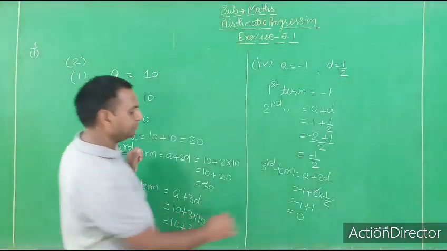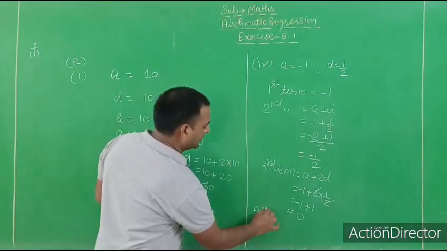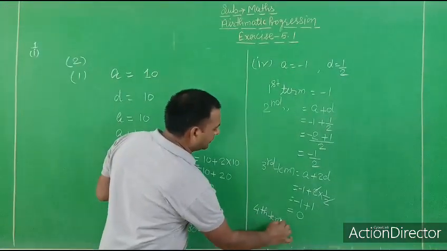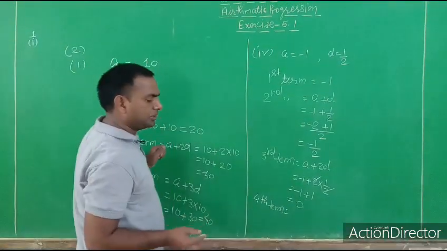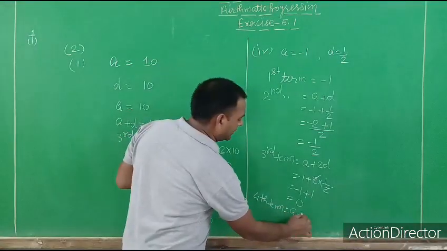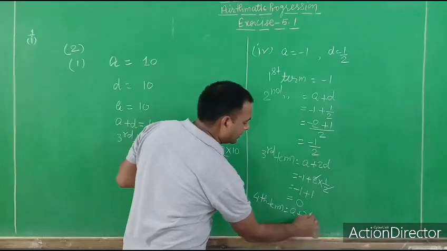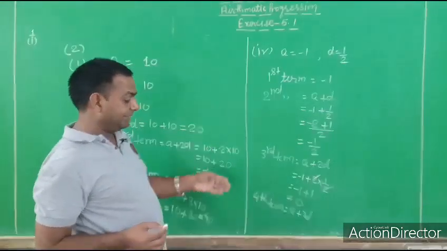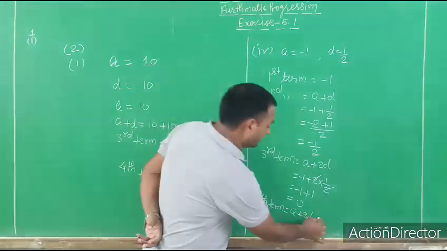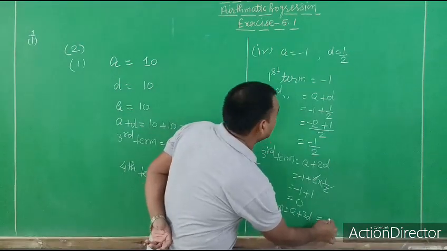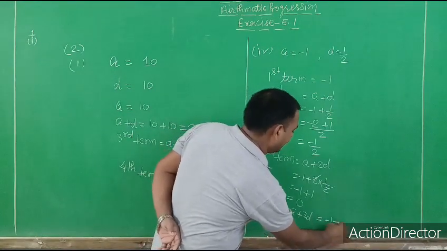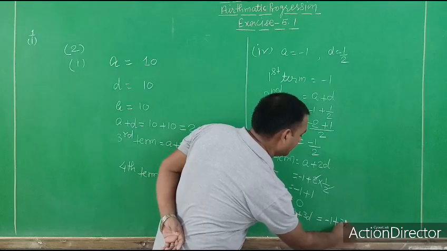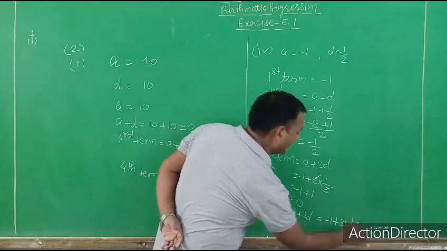Next, fourth term. In the case of the fourth term, that is a plus 3d. Then a plus 3d is equal to, here also a is equal to -1 and d, 3 into the value of d, which is 1/2.